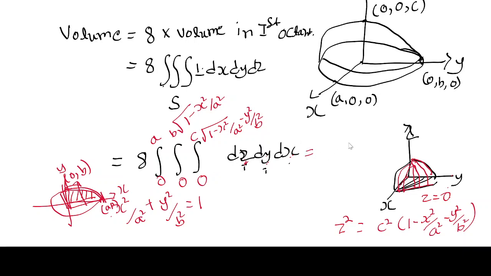If you complete this, you will get 4 by 3 pi abc.